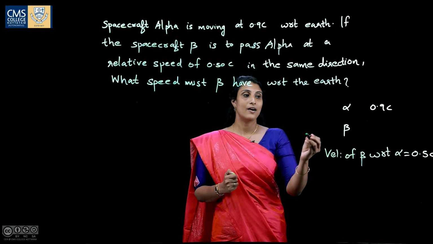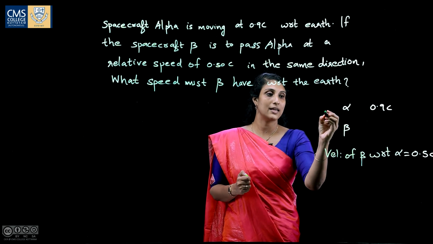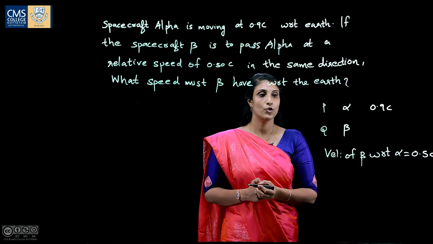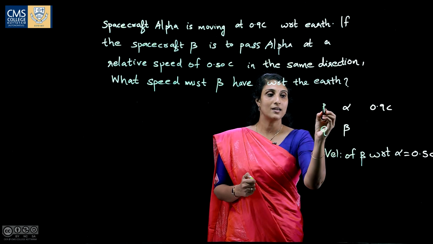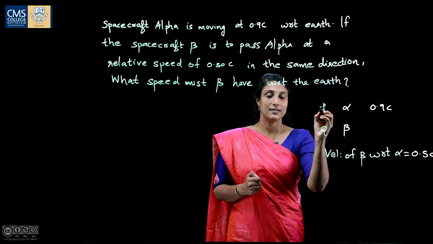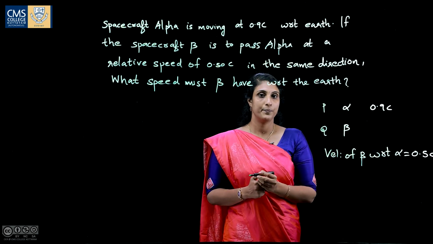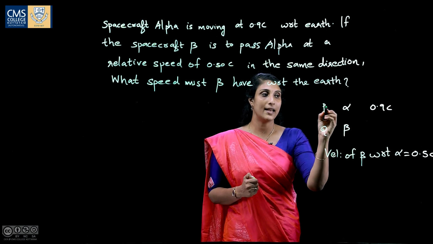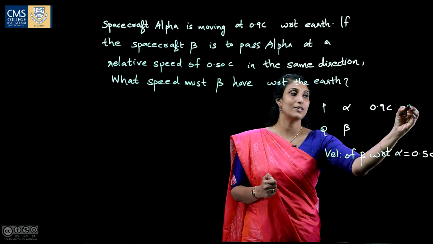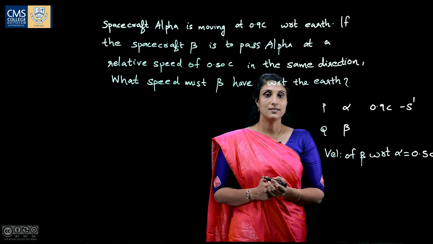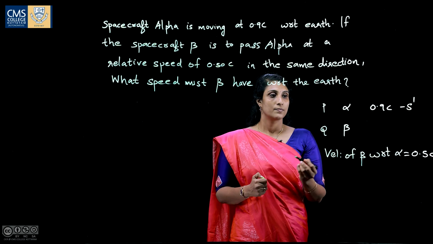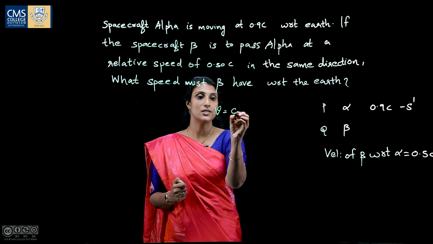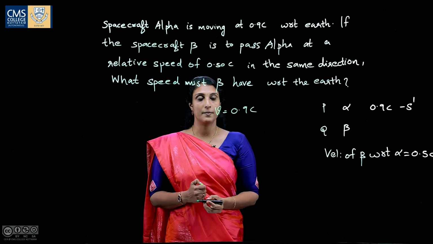Here we have alpha and beta. Alpha can be considered as the particle p and beta can be considered as the particle q. That is, the particle p can be considered as the s dash frame. That is, the alpha particle is fixed in the s dash frame and that s dash frame is moving with velocity 0.9 c. So that is the velocity of the s dash frame, v equals 0.9 c.